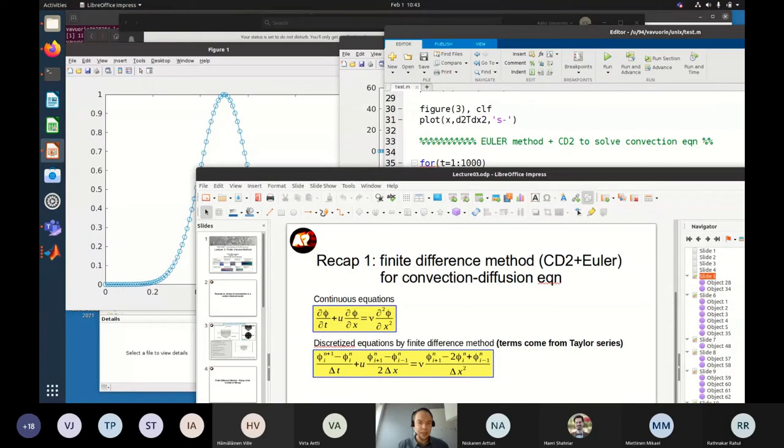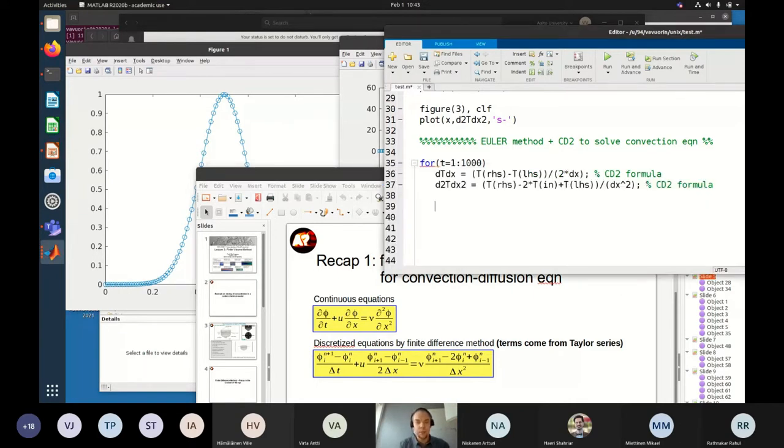After that, I want to take the known terms, so the space derivatives, to the right side of the equation, and use the Euler method to calculate the delta t. So you see what I'm doing here. I say that the change in temperature or concentration equals the time step times minus u times dT/dx plus nu times d second T dx squared.